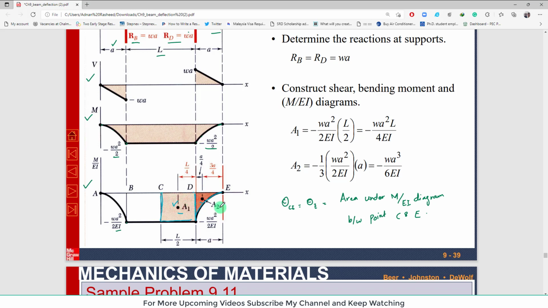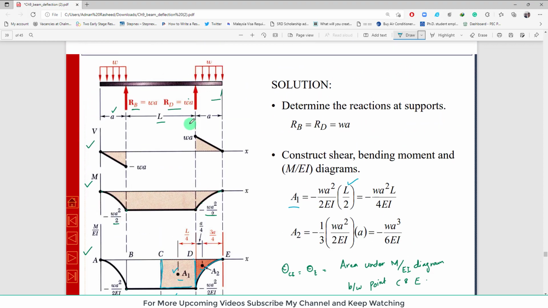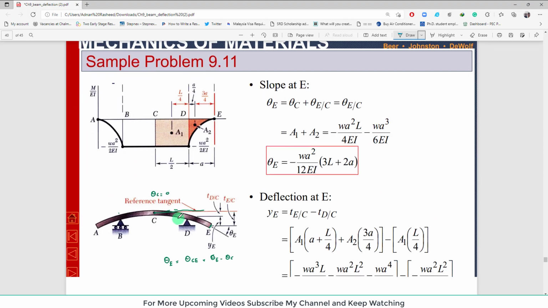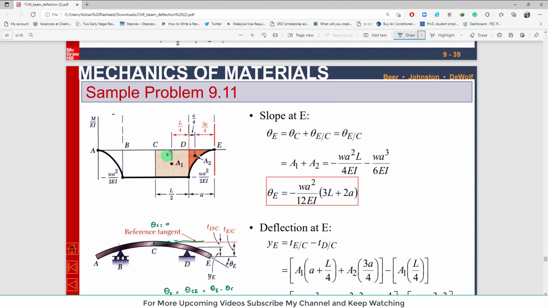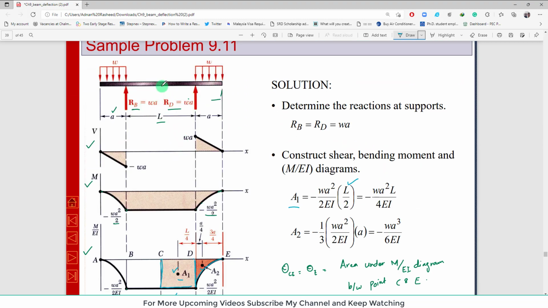So area A1 will be equal to, you know, the rectangular area is its length multiplied by height. So length is L by 2, clear. I will show you, this is L. We have shown this total distance is L, so half will be equal to L by 2, clear.